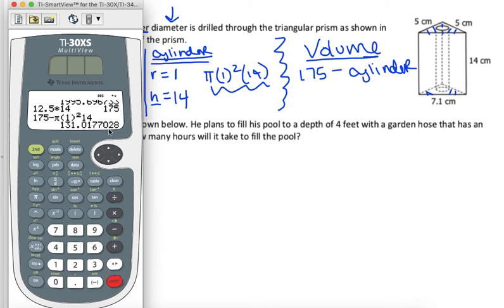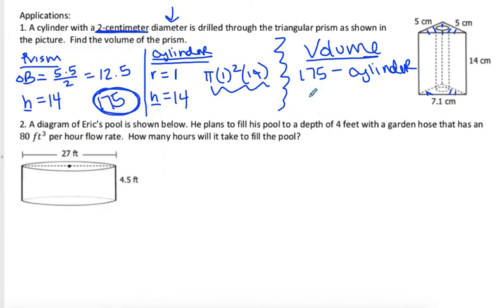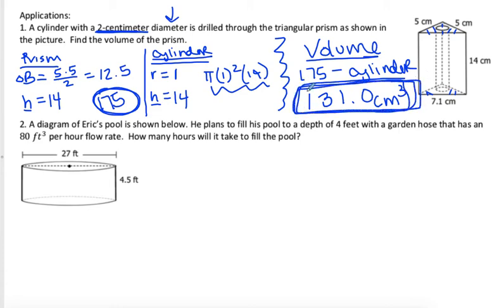I'll do that on my calculator. Rounded to the nearest tenth, 131 point, okay, that's not going to bump it up, so it'll leave it at 0. So our total volume is 131.0, measured in centimeters cubed. This is our final answer. It started out with 175, but we've taken some of that object out by creating the cylinder.